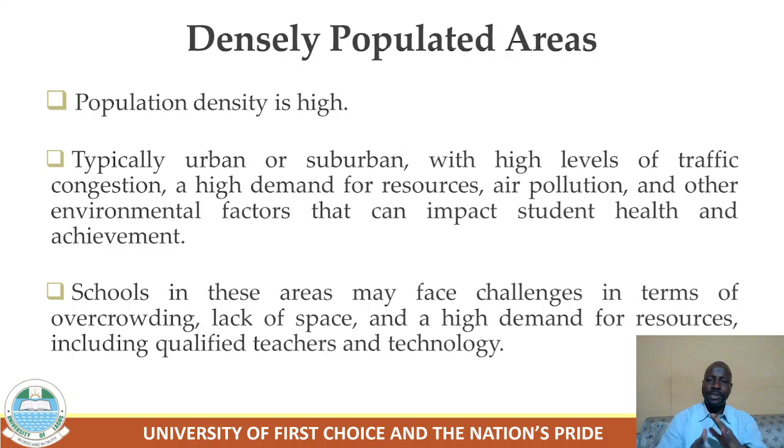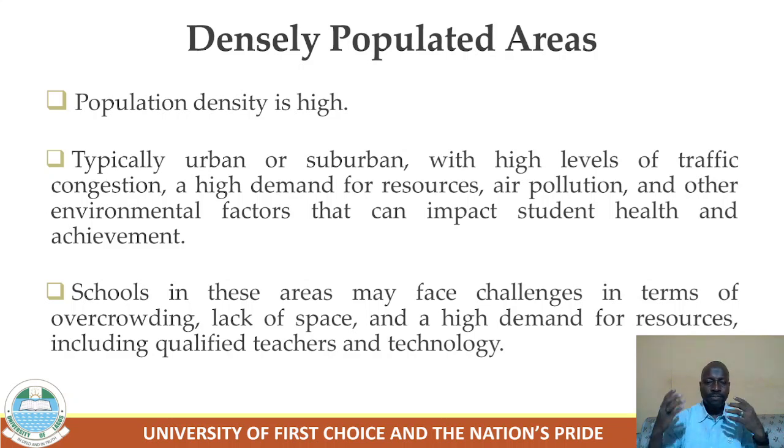So densely populated areas are characterized by very high population density. They are typically urban or suburban areas with high levels of traffic congestion, high demand for resources, pollution, and other environmental factors that can impact students' health and achievement.